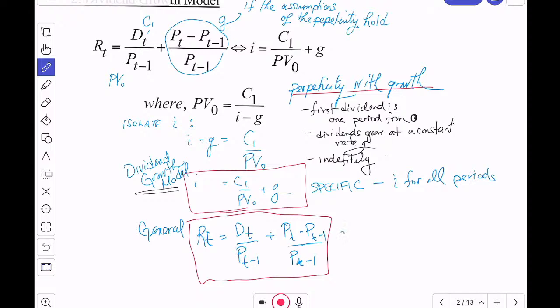And this is the general formula for R, the return in each period T. So it can change. If I ask you to use the dividend growth model, you have to use this one. If I ask you to find returns, you use this formula. Or if I ask you for a different variable, you use this formula.